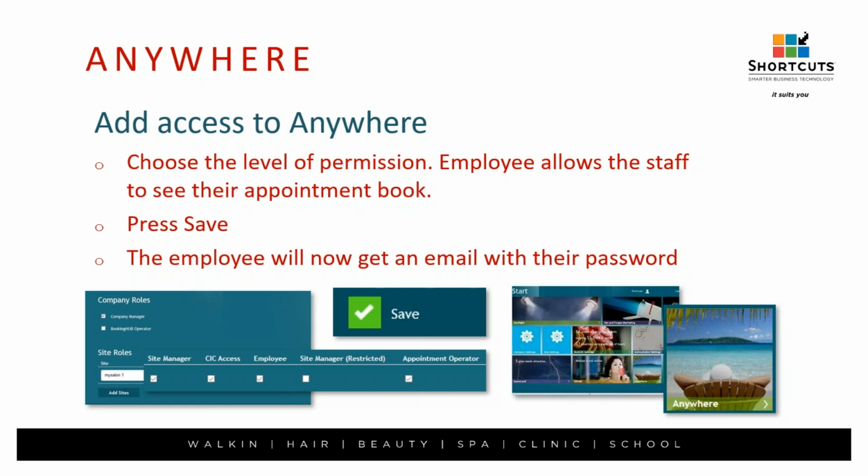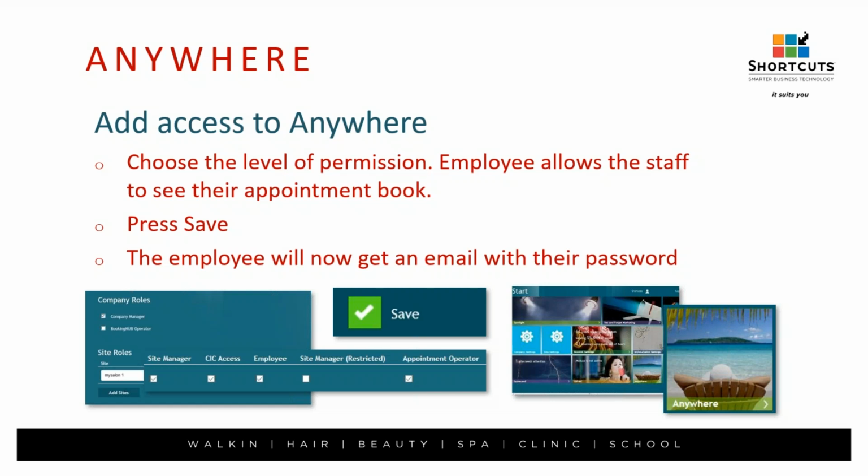They'll only be able to see their own appointment book. That's it. They can't look up necessarily too much customer information, and they cannot look at the appointments for any other staff member, just themselves. So for about 90% of the sites I work with, employee is the default permission that everybody should have.